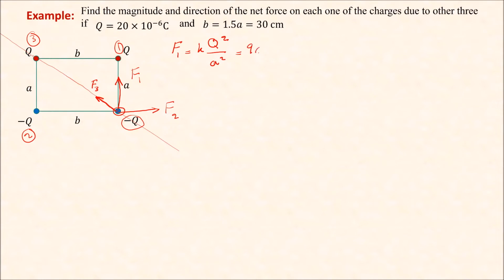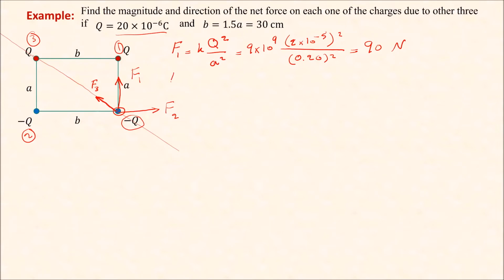It becomes 9 times 10 to the 9 times Q, which is 2 times 10 to the negative 5th, that is 20 times 10 to the negative 6, squared, divided by A squared. A is 20 centimeters, because B is 30 and it's 1.5 A. So it's 0.2 meters squared. If I calculate that, it comes to 90 Newtons.